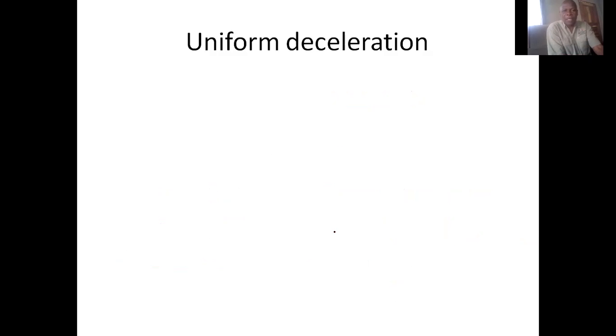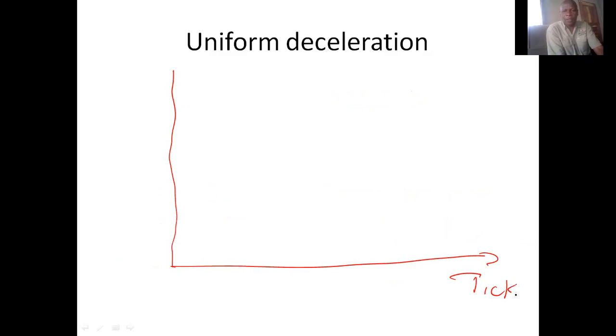Similarly, we can represent uniform deceleration using a graph. On the x-axis we have the ticks, and on the y-axis we have the length, say in centimeters.